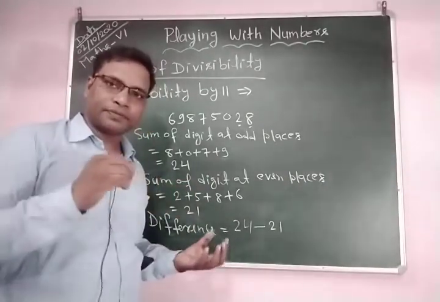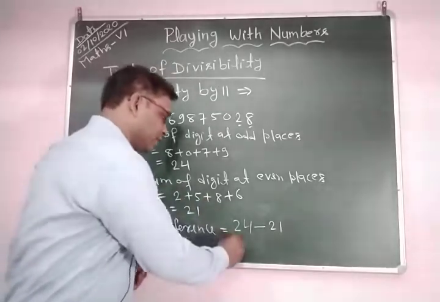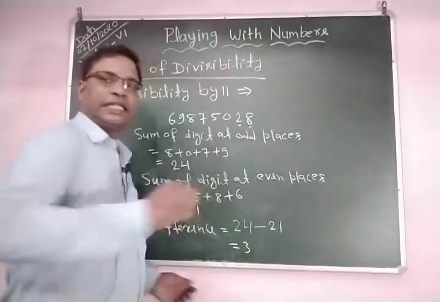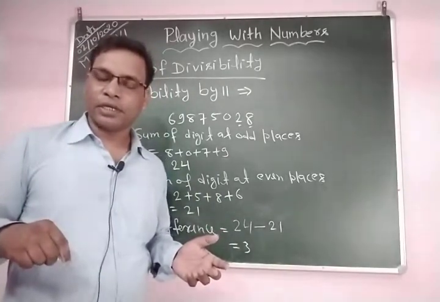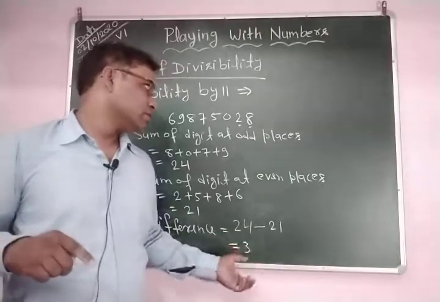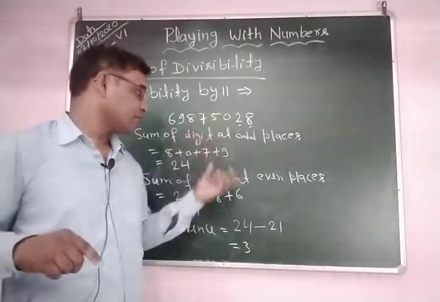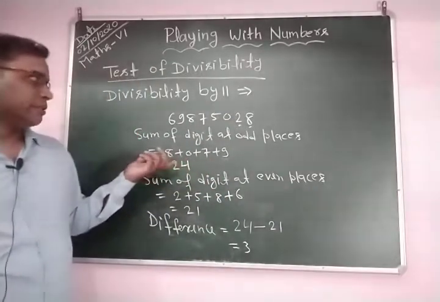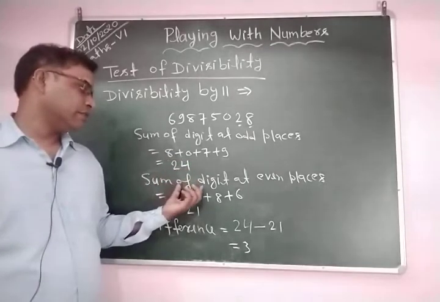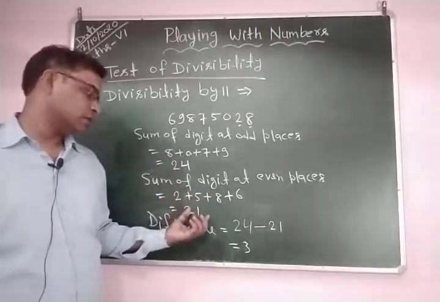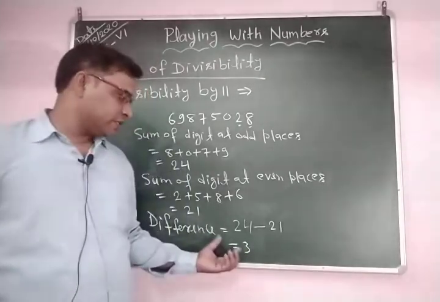This is equal to 3. 3 is neither 0 nor a multiple of 11, nor divisible by 11. So this number is not divisible by 11. Here we first found the sum of digits at odd places, which is 24. The sum of digits at even places is 21, and their difference is 3.